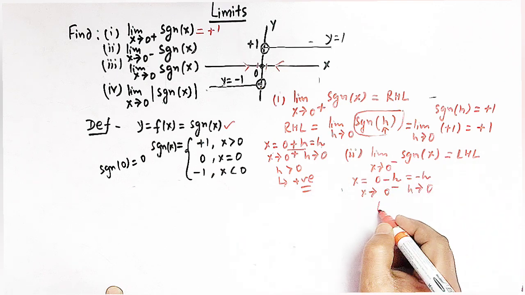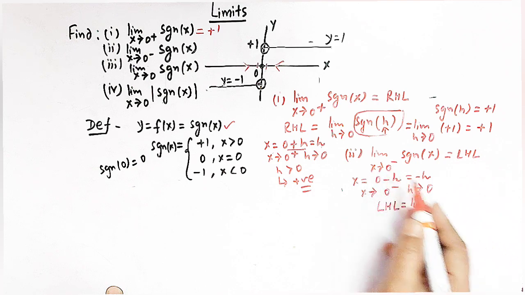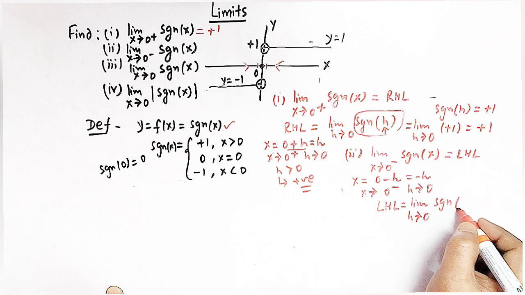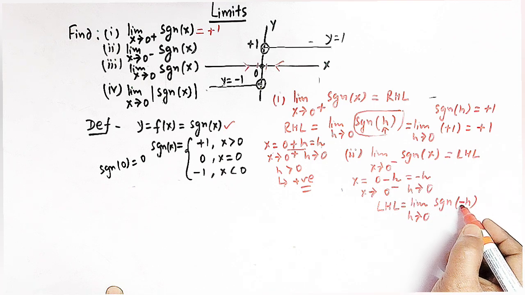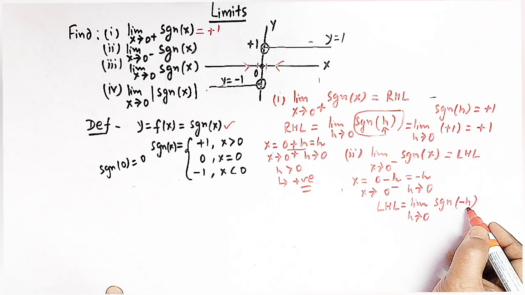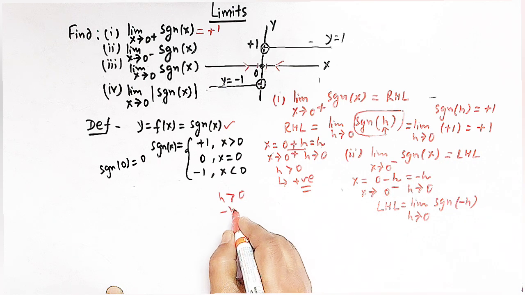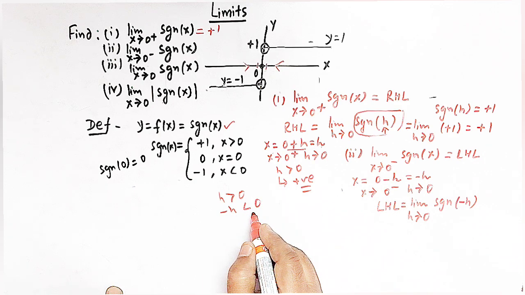So now the left hand limit can be written as limit, and for this we have h tends to 0, and here we have signum of minus h. Now see here the input is a negative h, but h is positive. So h is positive, so minus h is negative, that is minus h is less than 0.